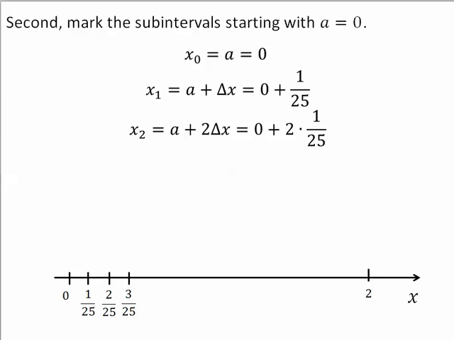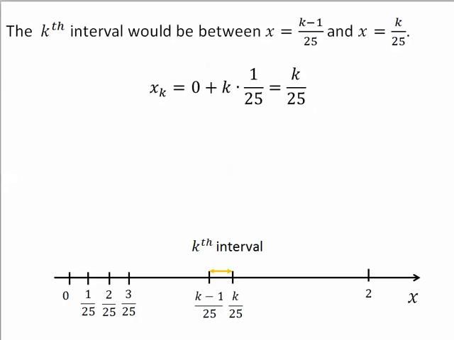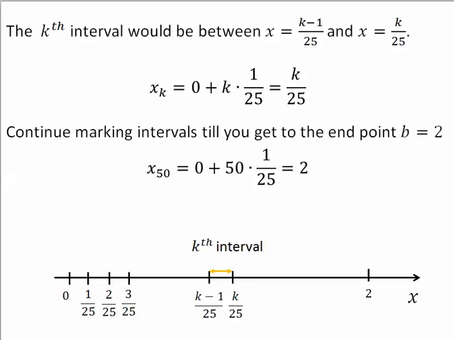So x sub 0 is, in this case, 0. x sub 1 is 0 plus one interval of 1/25, and so on. The kth interval would be between (k minus 1)/25 and k/25. Continue marking your intervals until you get to the endpoint.